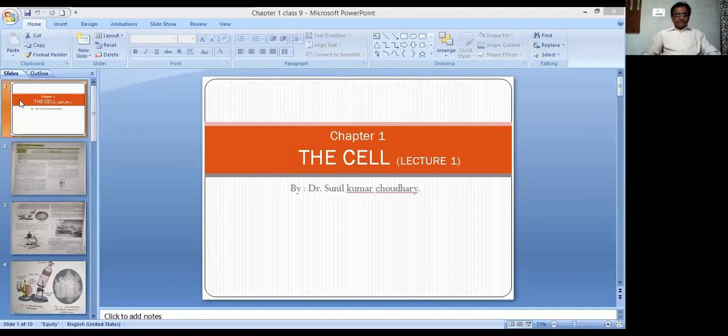Up to now, we have gathered lots of knowledge about the cell. But the cell started its journey after its discovery. And the discovery of the cell also started with the discovery of the microscope.